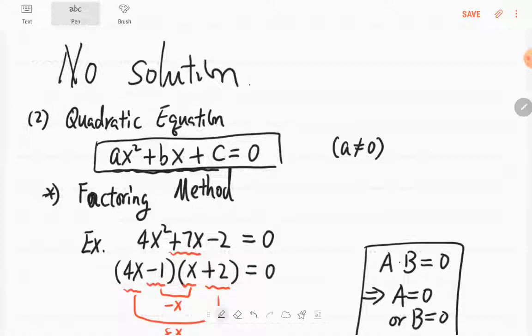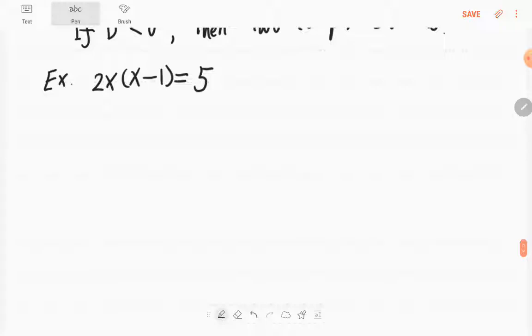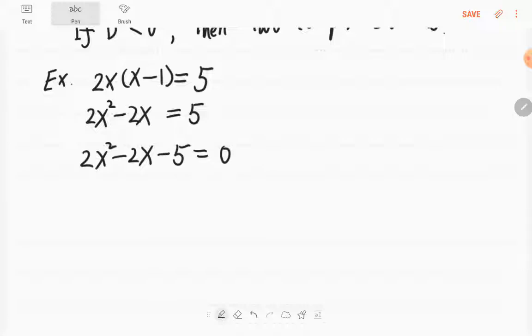In other words, we need to expand and put every term on the left side. Expanding, this is 2x squared minus 2x equals 5. Then we subtract 5: 2x squared minus 2x minus 5 equals 0. This one is not easy to factorize, but we can use the quadratic formula.